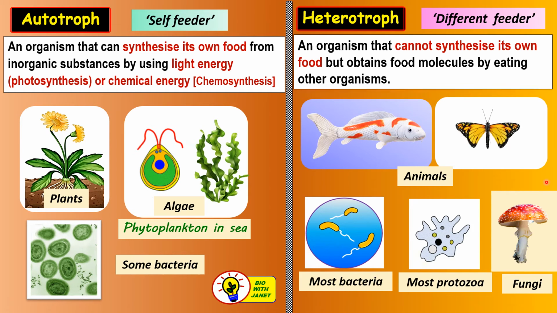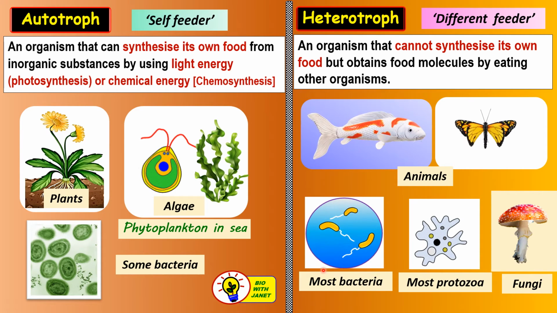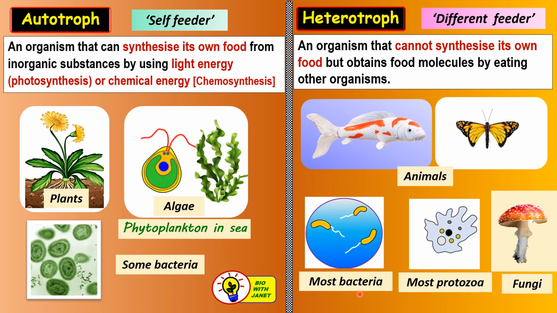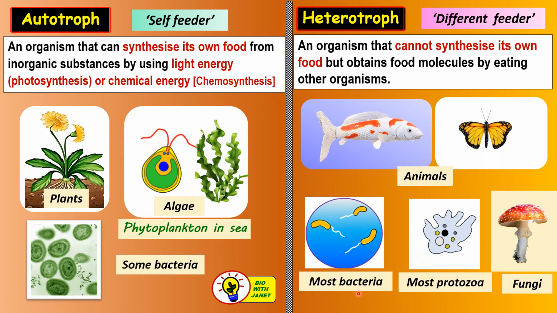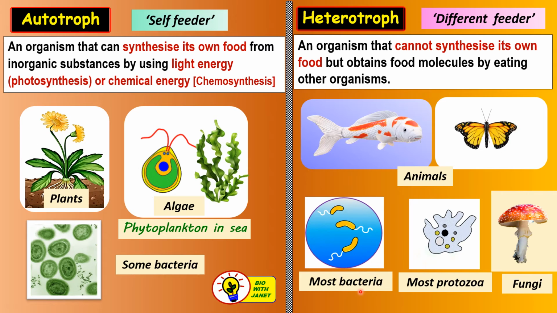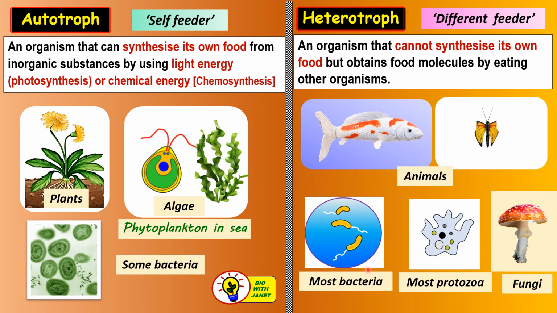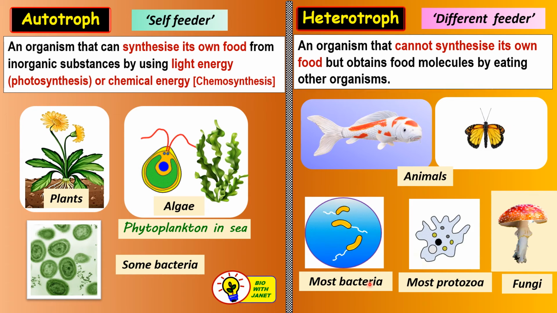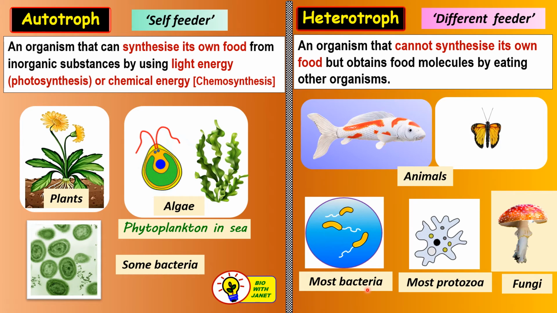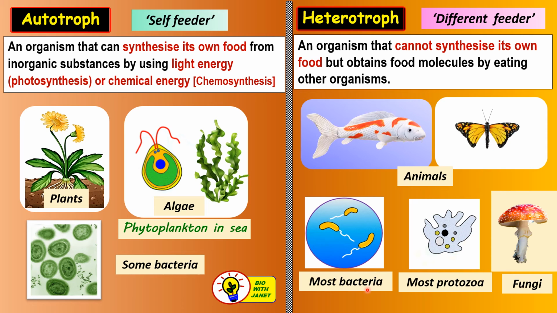Okay, as an example. Now, apart from that, most bacteria are heterotrophs. So for bacteria, there are a few ways that they are heterotrophs. Okay, some bacteria are parasites. They live in the bodies of living organisms and cause disease, right?